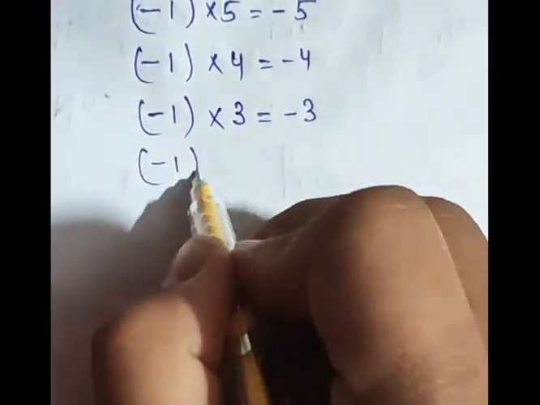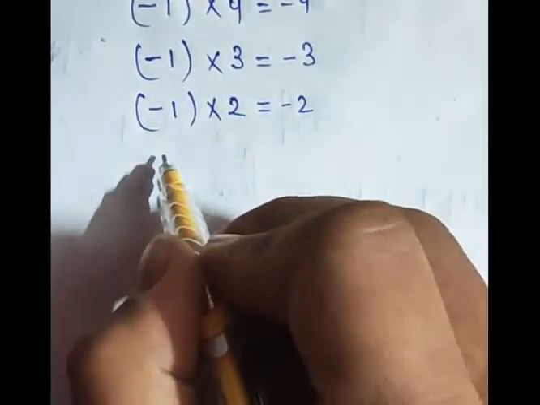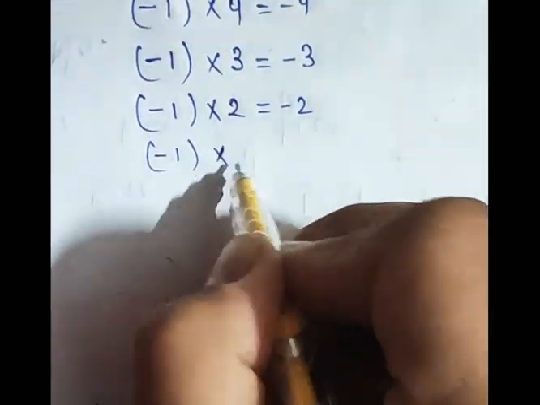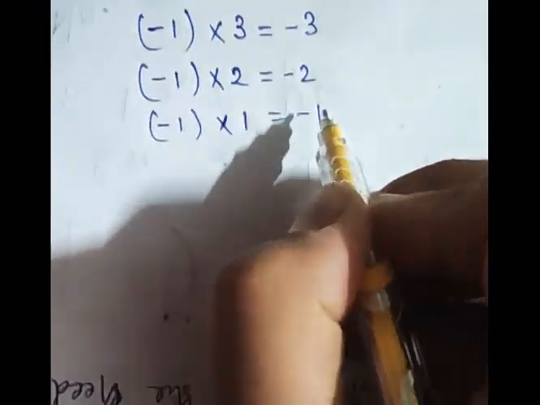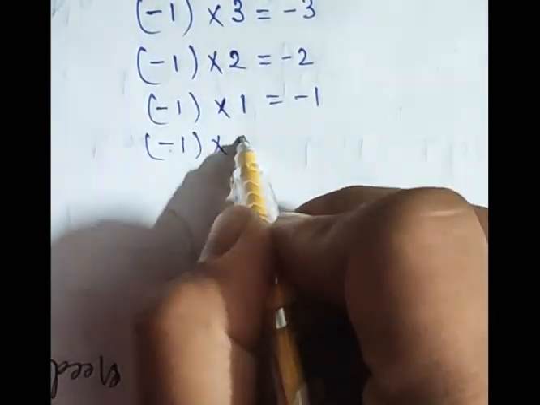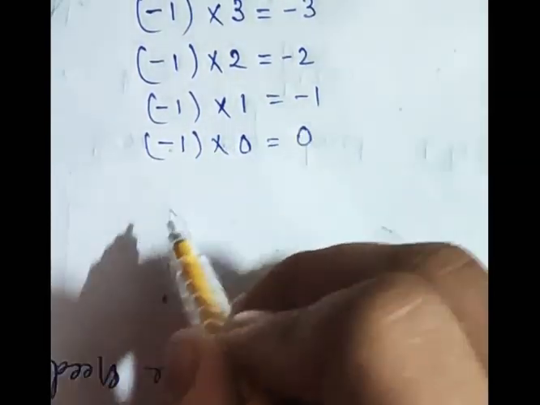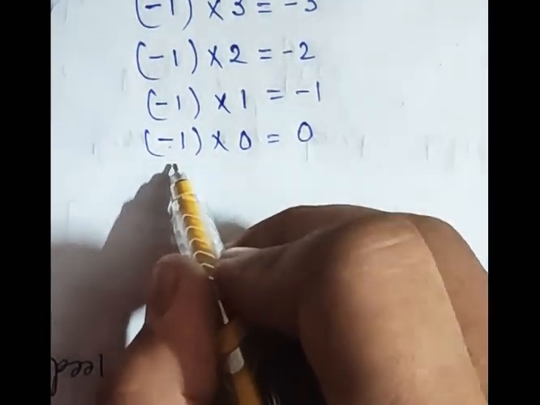Minus 1 into 2 is equal to minus 2, right? Similarly, minus 1 into 1 is equal to minus 1. Minus 1 into 0 is equal to 0. Greater or smaller number you have, the answer is 0.